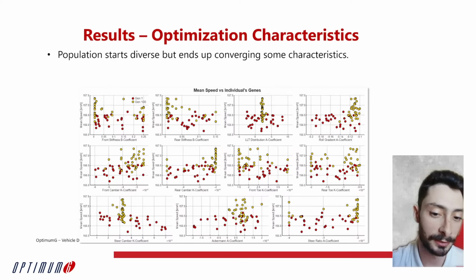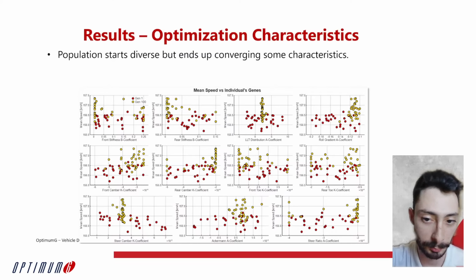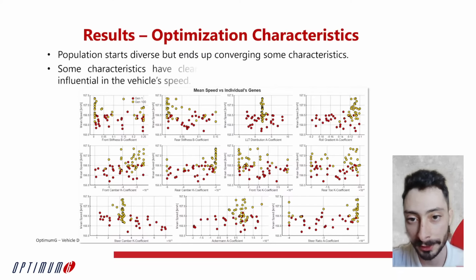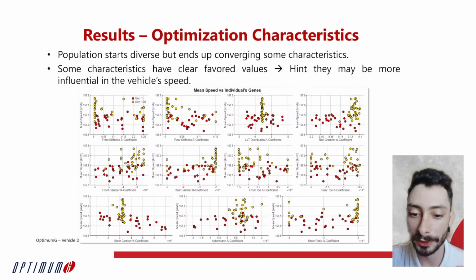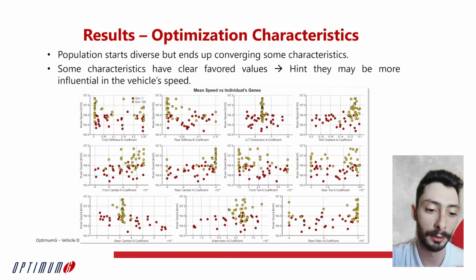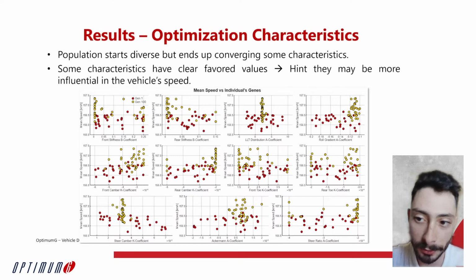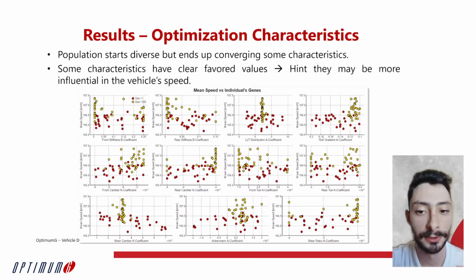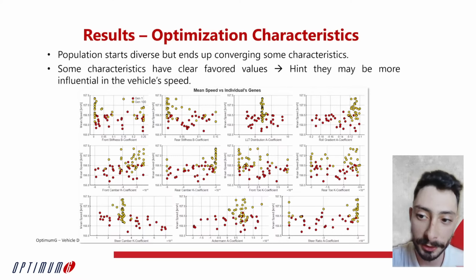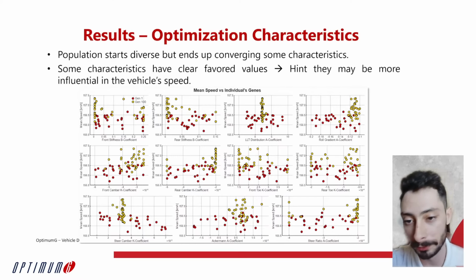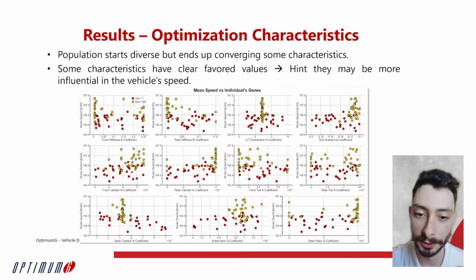But as the generations go on, some of these kinematics parameters have clear favorites and are converging somewhere, especially the ones that are more closely converged. For example, the lateral load transfer distribution or the roll gradient, where the last generation has pretty much very similar characteristics. This is indicative to us that these parameters may be more closely related to the resulting speed of the car.